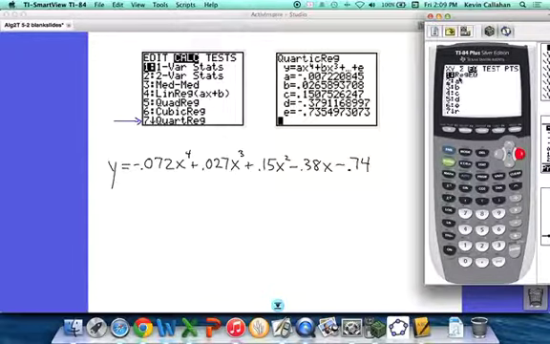And what you should see is that it says regression equation. That's the equation that you just made. So when you hit enter, it puts it onto your y equals, the first line under y equals. Okay, now hit graph and see what you see.